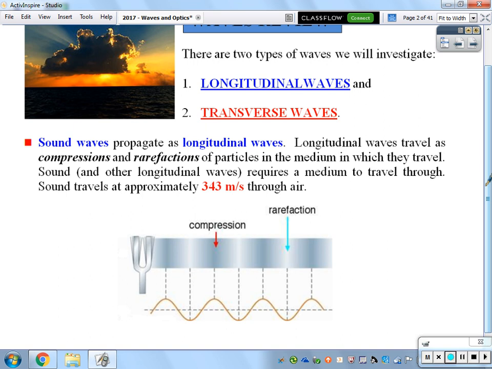My voice is creating vibrations in the air, where it's compressing that matter. Then again, we have obviously the space in between those compressions. As those compressions are made, the energy that they have travels through some sort of medium. In this case, it's all the particulate matter we have in the air.